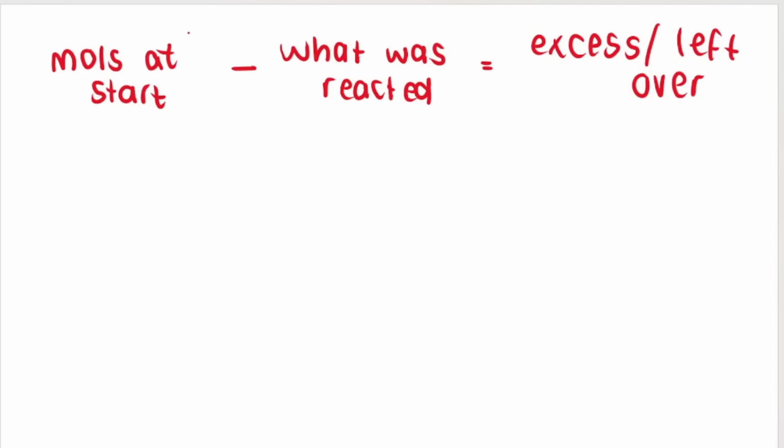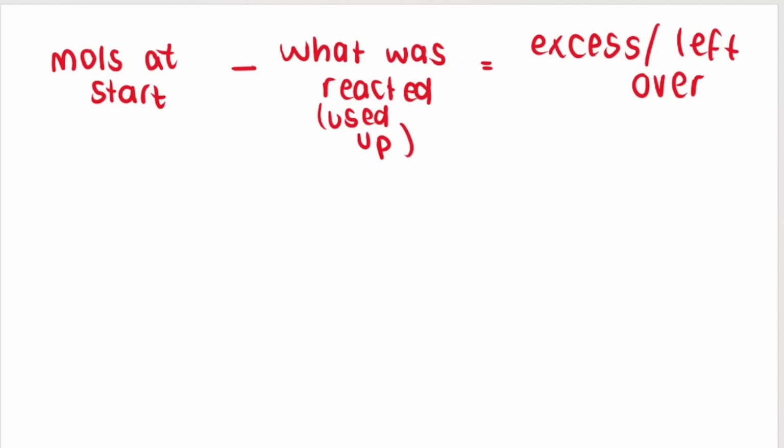There we go. So we take the moles at the start, that's what we started with. We take away what was reacted, and what is left over is the excess. So moles at the start minus what was reacted or used up, a different way of saying it, and that leaves us the excess or the leftover.